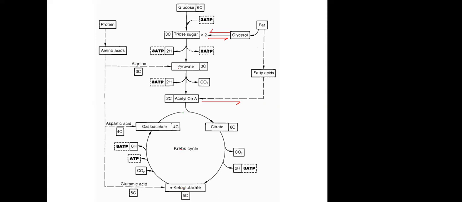And if you are going to synthesize aspartic acid or aspartate, it will come from oxaloacetate or oxaloacetic acid. So that is how respiration results in the formation of some of these important compounds.